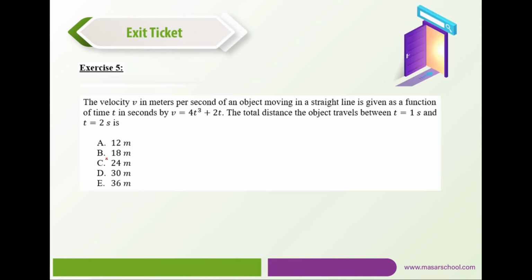Now the velocity v in meters per second of an object moving in a straight line is given as a function of time by v given by that. The total distance, and we have the boundaries of the integral, then that would be delta x from 1 second to 2 seconds for the following function, and that would be 4t to the power of 4 over 4, that would be t to the power of 4, plus 2t squared over 2, that would be t squared, between 1 and 2.